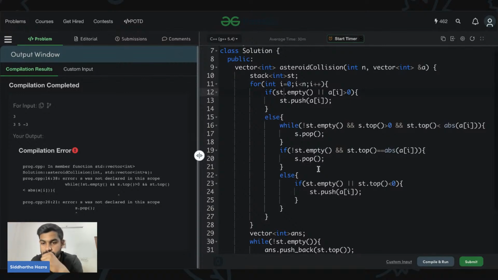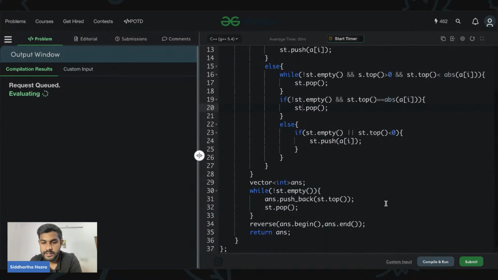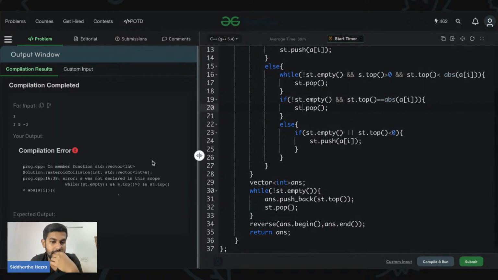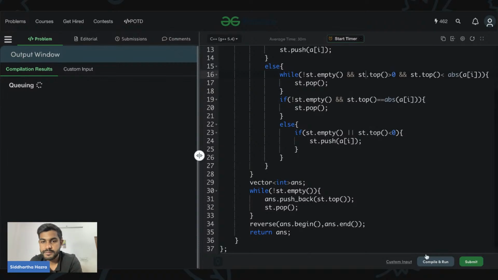While the stack is not empty, I have missed a lot of s. Any other, let us see. Okay, let us try to submit.